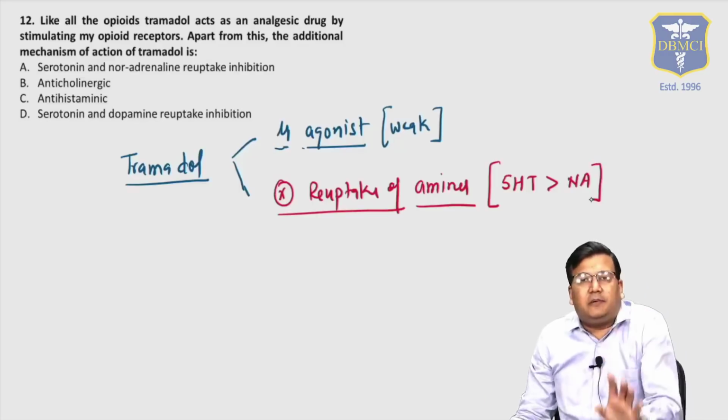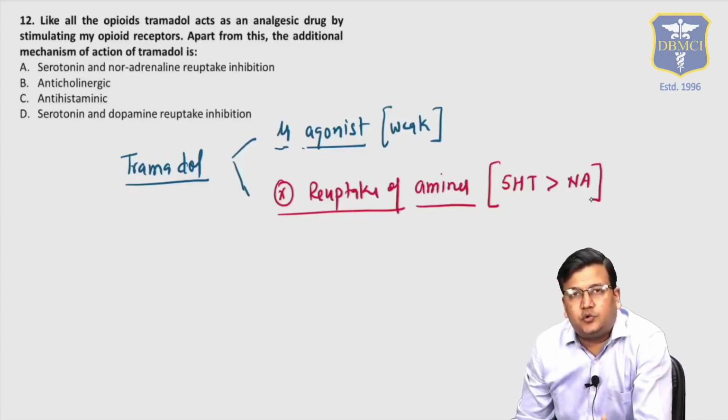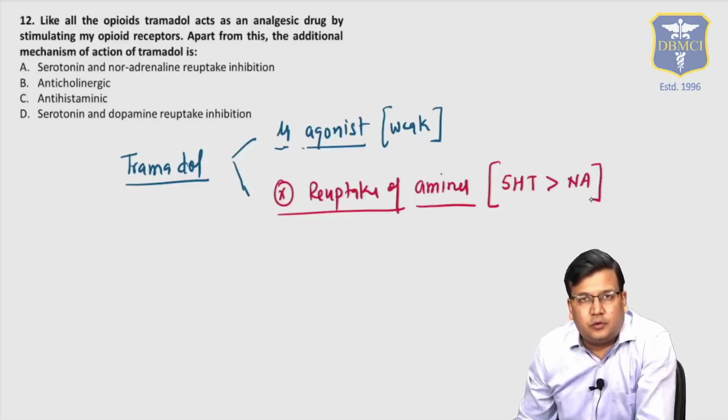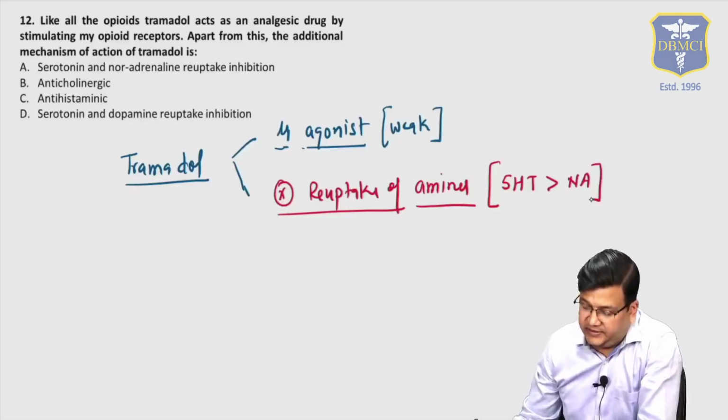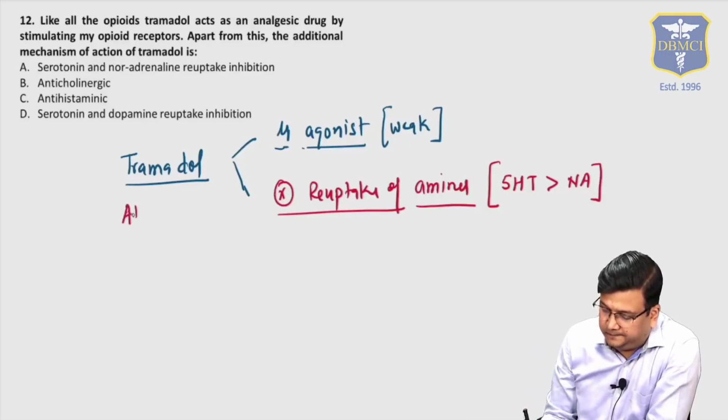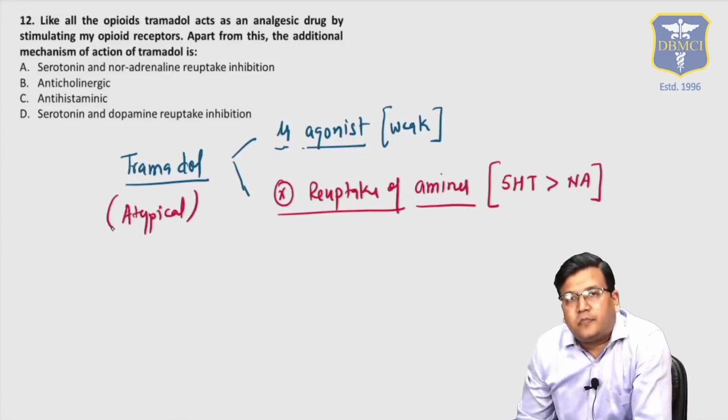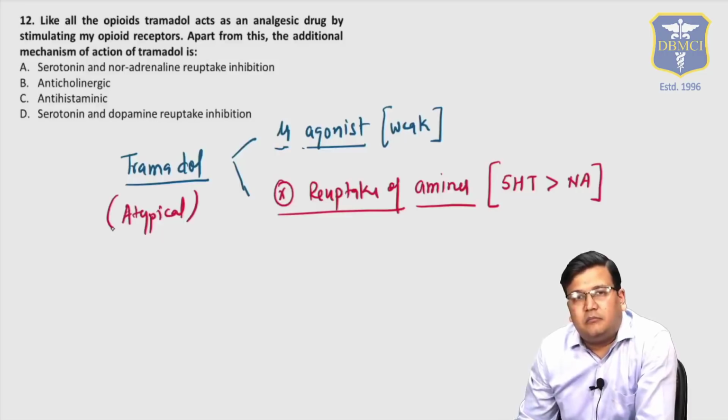So it will inhibit reuptake of both, but if you are asked to choose one out of the two, it has more action on serotonin. So it is an atypical opioid, acting by two mechanisms: mu stimulation and inhibition of reuptake of serotonin and norepinephrine.